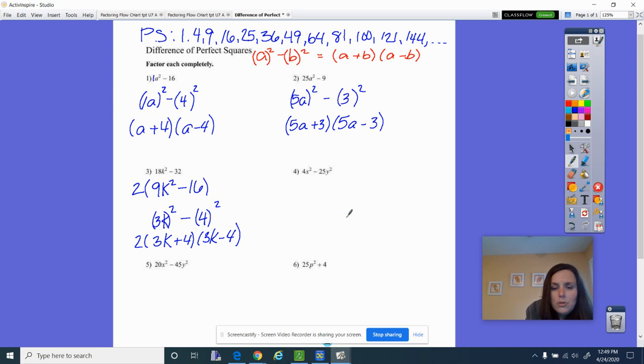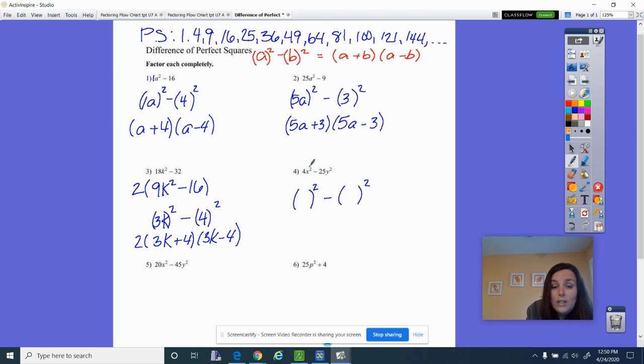This is almost the same kind of problem, except now I have an x squared and a y squared. Well, we're still going to look at the same thing. Do I have a GCF? No. Is 4x squared a perfect square? Well, 4 is on my list and x squared is even, so yes. I have a minus sign. Is 25 on my list? Yes. Is my exponent even?